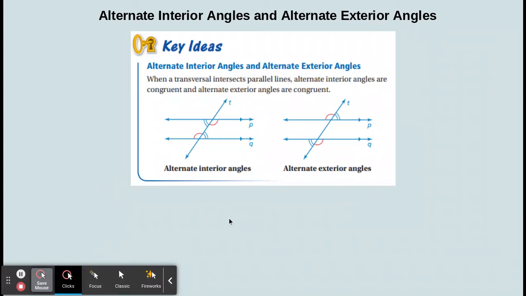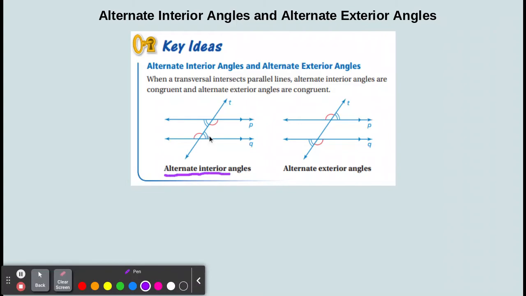Now, to add another naming convention for our angles, so remember, inside the parallel lines are considered interior and outside are considered exterior. But we also can call them alternate interior angles.